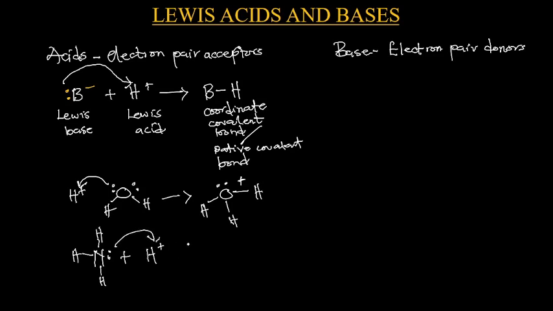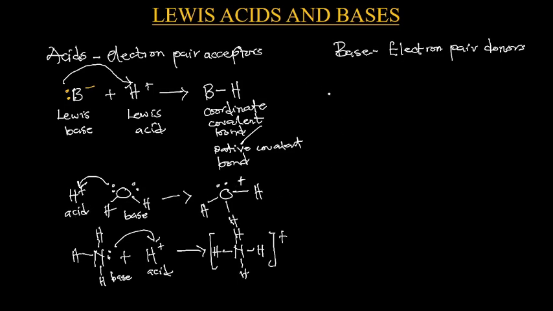This is going to result in a dative covalent bond where we have N bonded to four hydrogens. By this time, it is going to have a positive charge on it. So again, the ammonia, the electron donor, is our base, and the proton accepting the electron is the acid, according to Lewis. Over here, water is the base, and this is the acid.